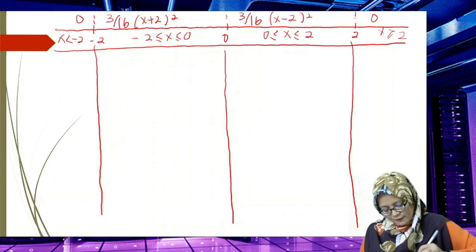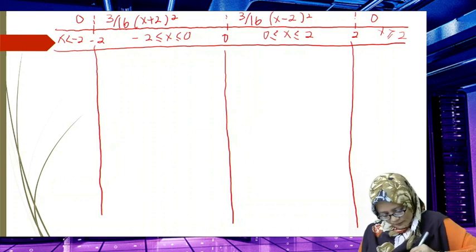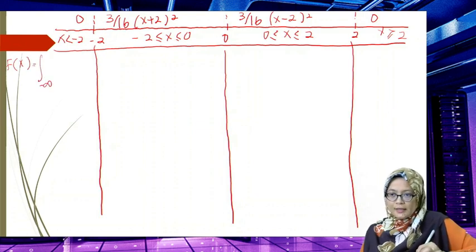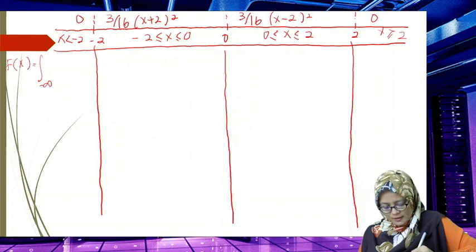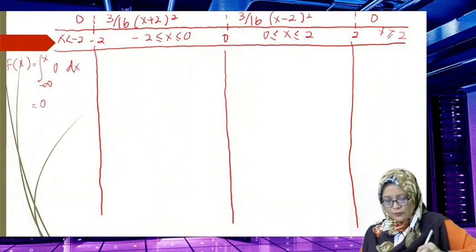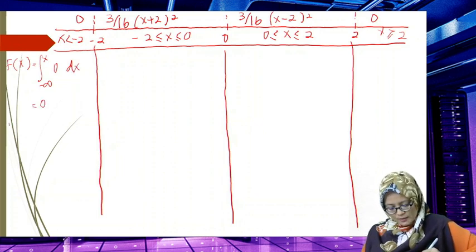Okay, so for the first interval of F(x), we integrate from negative infinity to x. The function is 0 dx. So this gives 0, which means your cumulative F(x) is 0.